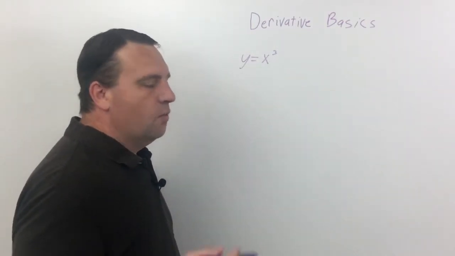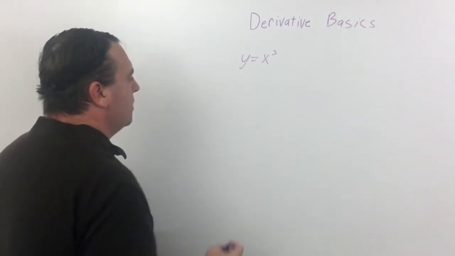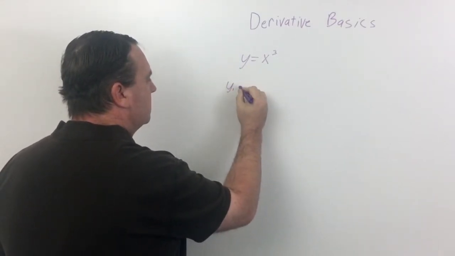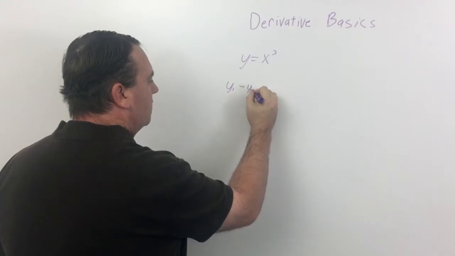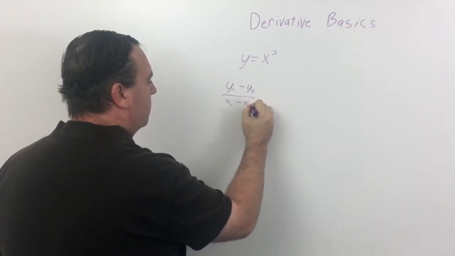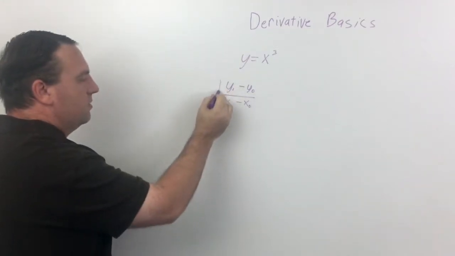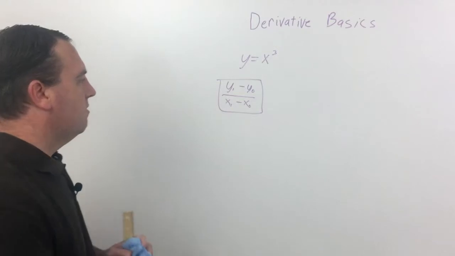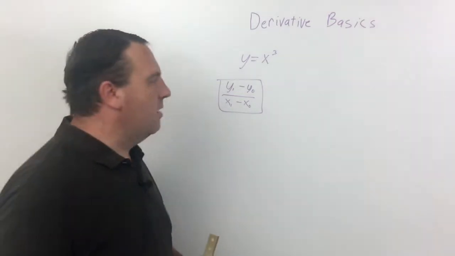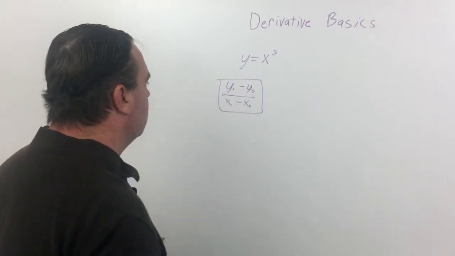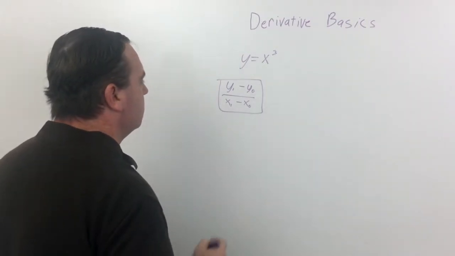So what's our basic procedure? Well, remember that the formula for the slope, and never forget this, this is the formula for the slope. If we have 2 points, then this is how you find the slope. I'm going to make a more general statement than that.